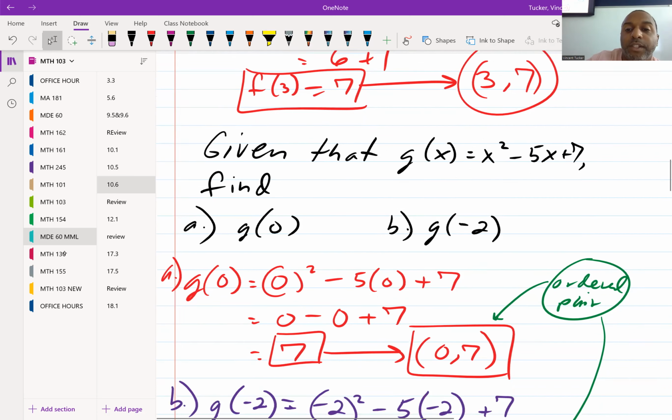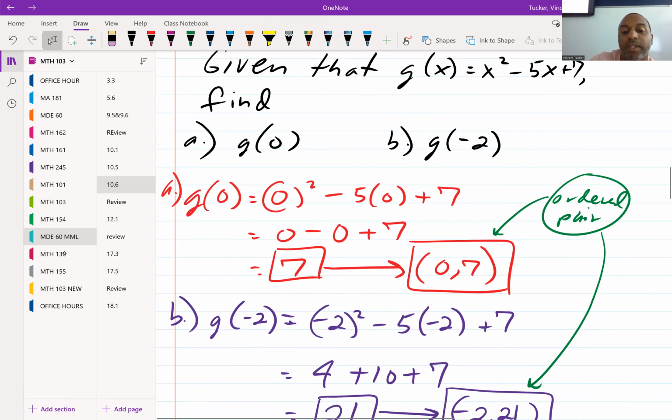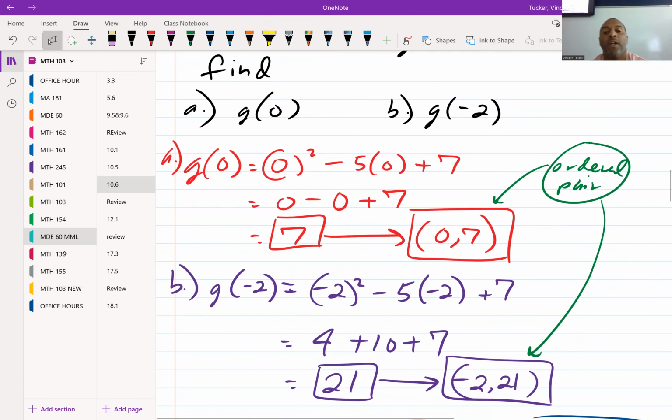All right. Then g of negative 2, we're going to do the same thing that we did with 0, except with negative 2. So that'd be negative 2 squared minus 5 times negative 2 plus 7.